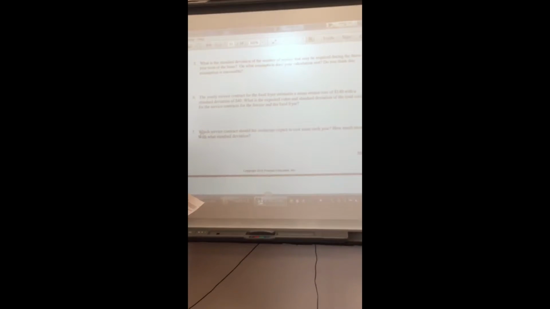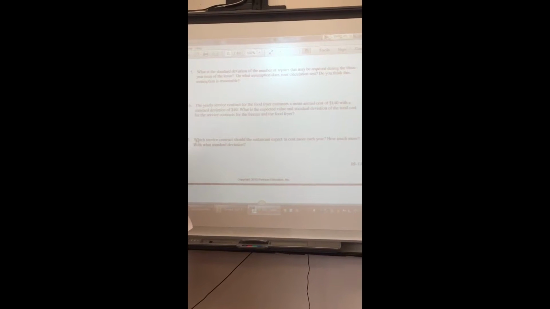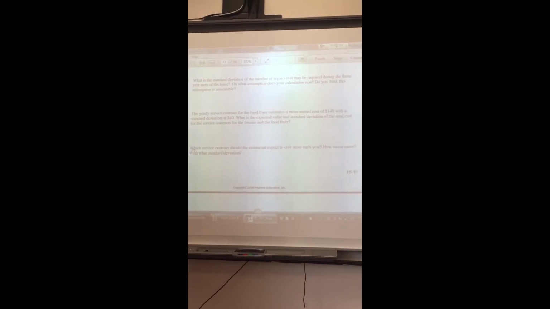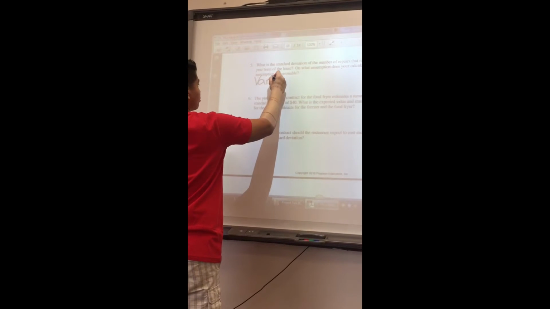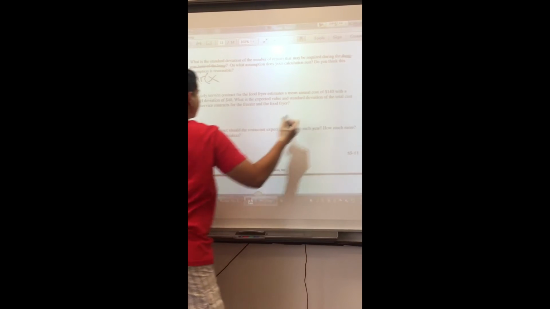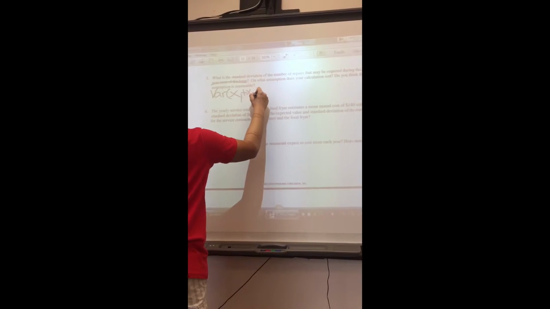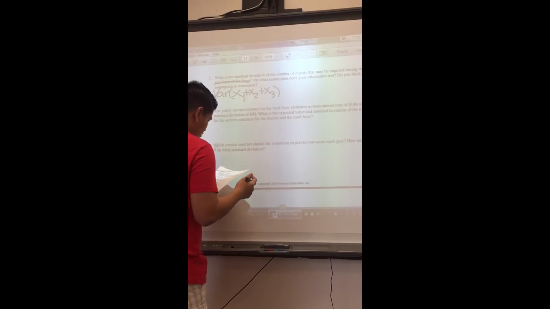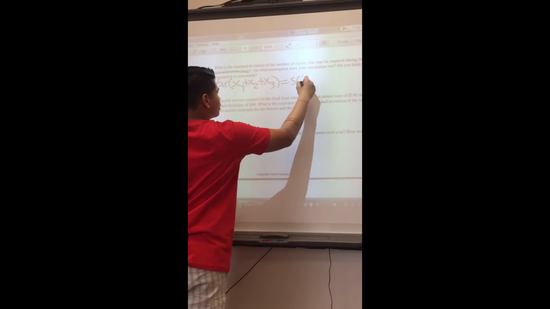What is the standard deviation of the number of repairs that may be required during the 3-year term of the lease? On what assumption does your calculation rest? Do you think this assumption is reasonable? So, variance, it's a 3-year term again, so it's variance of x1 plus x2 plus x3. The variance we got earlier was 0.561.